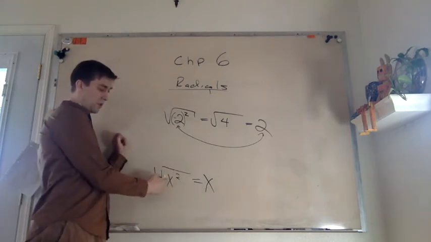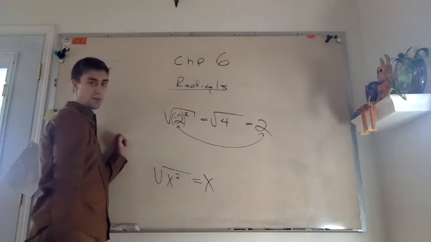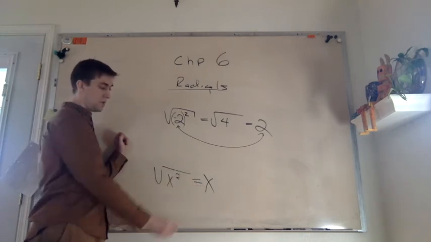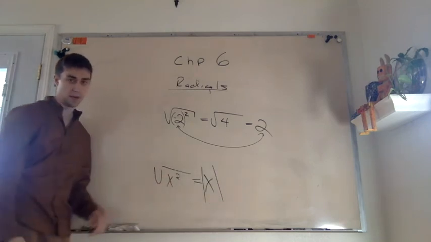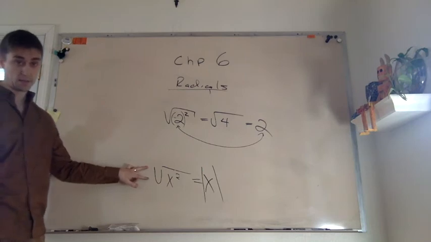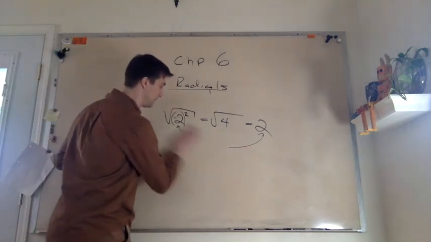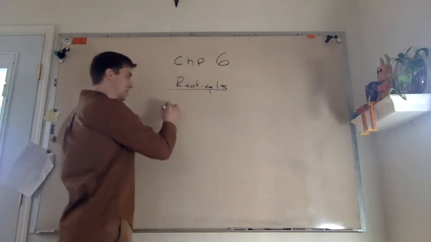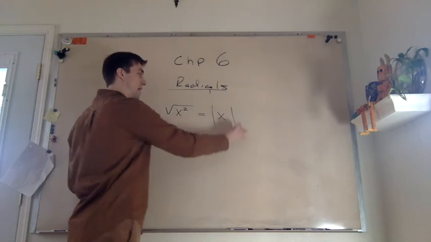So when you do the square root of something squared, you don't necessarily get the same thing out. But you definitely do get the absolute value of that thing out. So this is a fact of algebra. Let me rewrite this in a little better way. The square root of something squared is the absolute value of that thing.